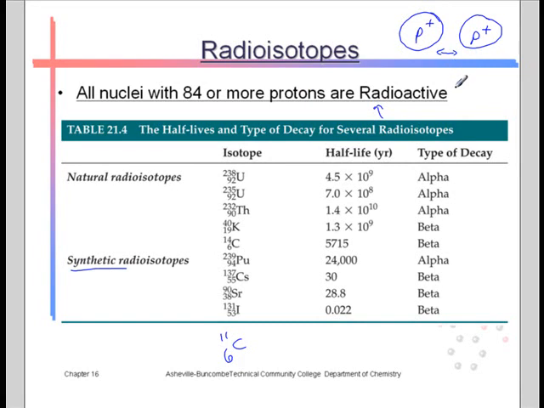It's the strong nuclear force that actually keeps the nucleus together, and that strong nuclear force is stronger than the repulsive Coulombic force for a stable isotope.